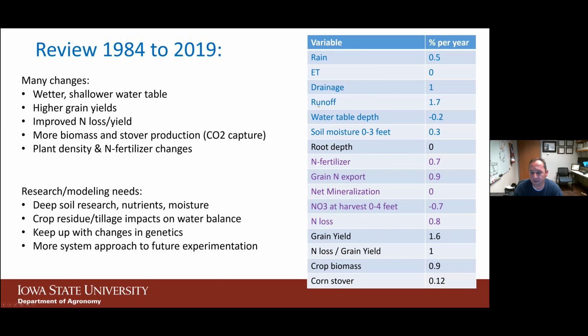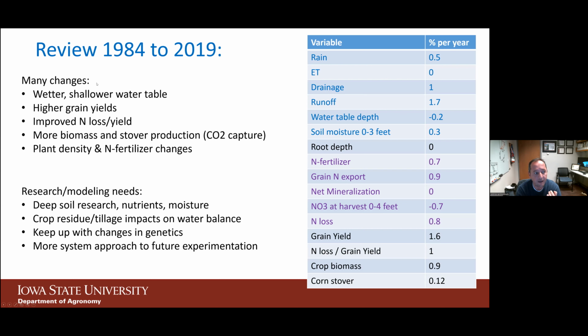The variables starting from the water balance, then we talk a little bit about the roots, nitrogen balance and yield. Unfortunately, I didn't have time to talk about crop biomass and corn stover. And here is the percent per year increase or decrease from 1984 to 2019. So there are many changes over the last 36 years.